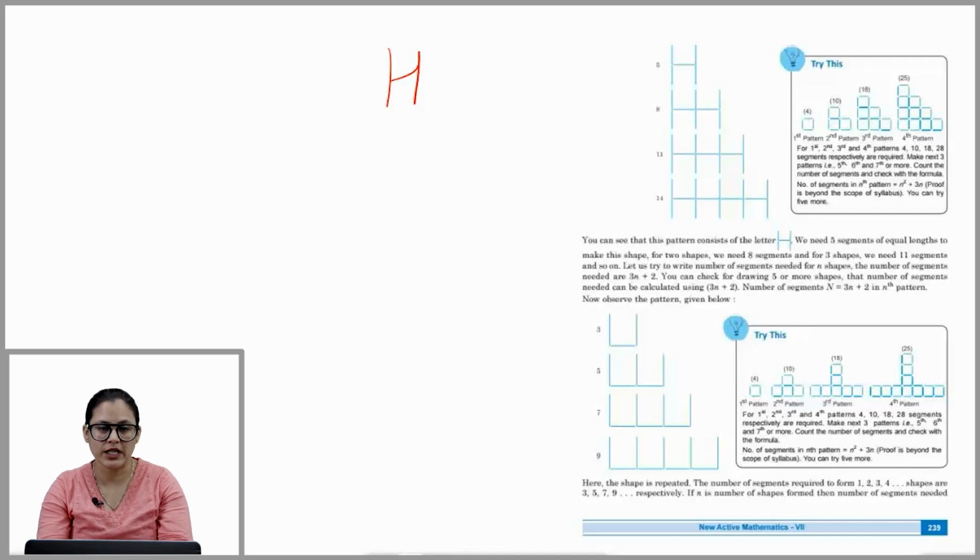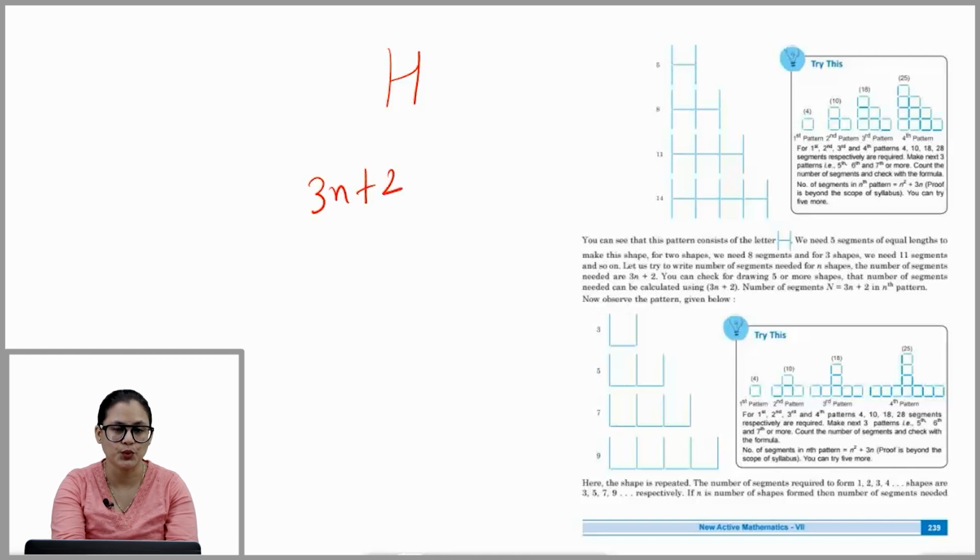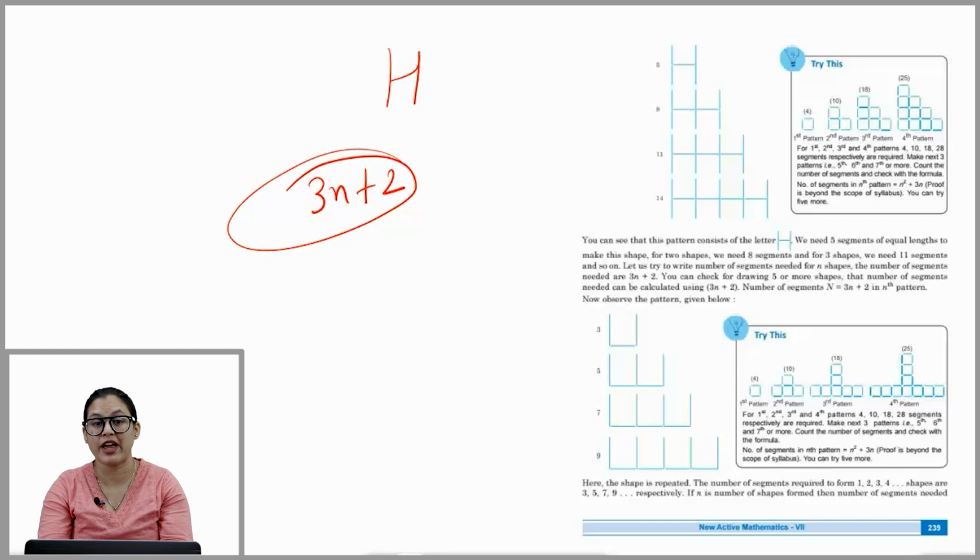For 2 shapes we need 8 segments, and for 3 shapes we need 11 segments, as you can see here, and so on. Let us try to write the number of segments needed for n shapes. The number of segments needed is 3n plus 2. You can check for drawing 5 or more shapes. The number of segments needed can be calculated using 3n plus 2. Number of segments is equal to 3n plus 2 in the nth pattern.